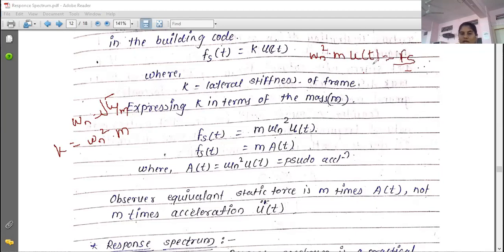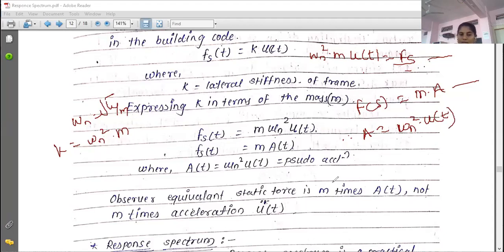In that way we could write that Fs is equal to m into a, which we already know. F is nothing but the inertial force, F is equal to m into a. So by comparing this equation and that equation, we get a is equal to omega n square into u of t.